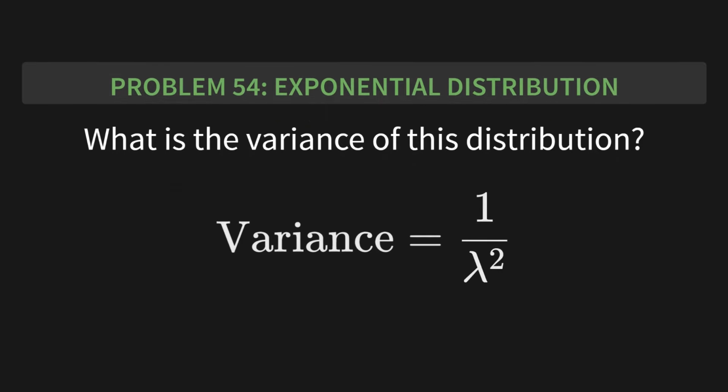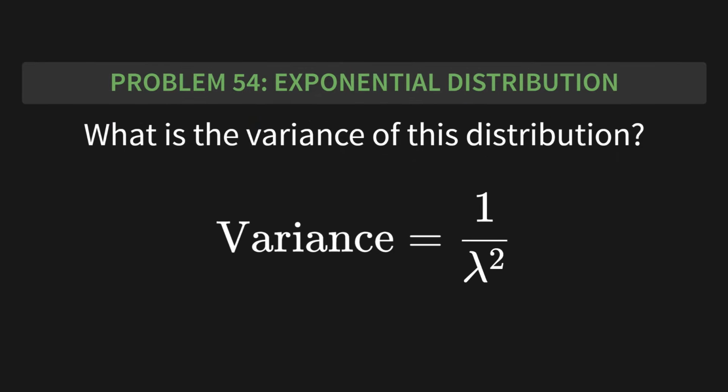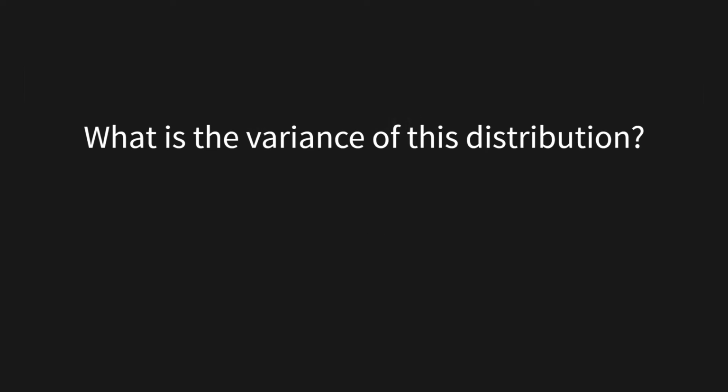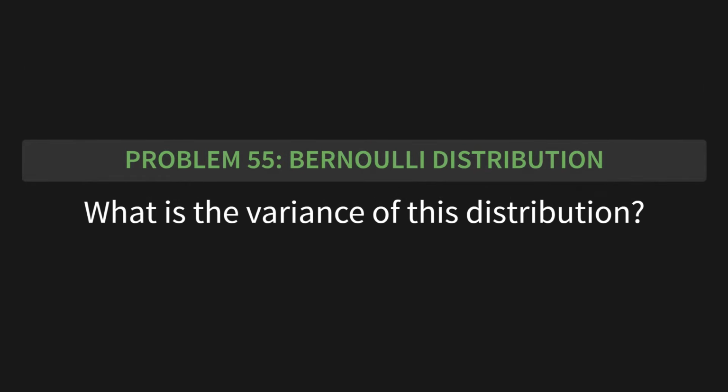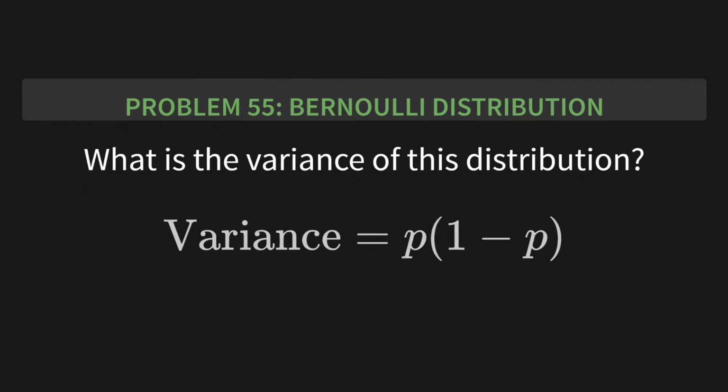Variance equals 1 over lambda squared. What is the variance of a Bernoulli distribution? Variance equals P times 1 minus P.